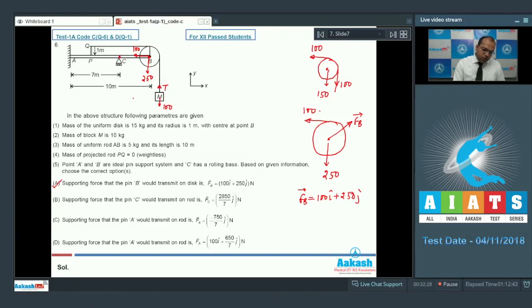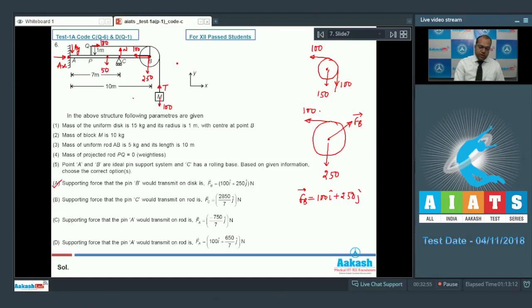Let the normal force exerted on the rod at C be N. The weight of the rod is acting at this point. The mass is 5 kg, so it is 50. The tension at this point is 100. And let the force at A, AY, act in this direction and AX in this direction.